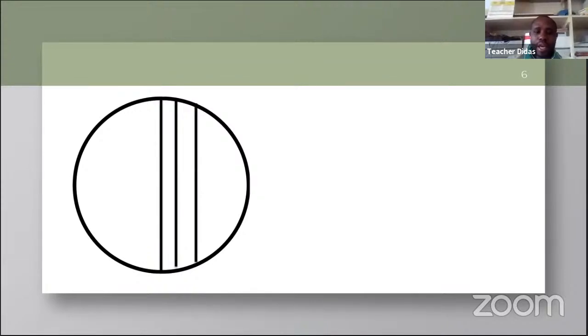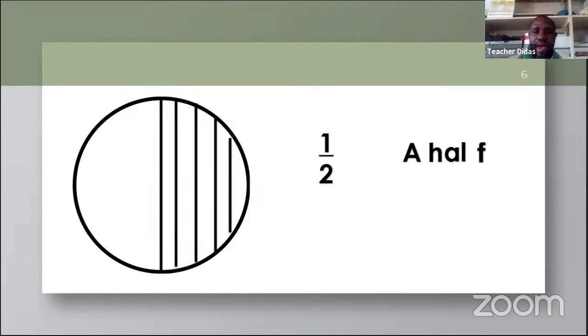So when I shade 1 part of it, the fraction I have shaded is 1 out of the 2 parts. And that fraction is called a half. We can all say a half. It is A-H-A-L-F. The word is a half.